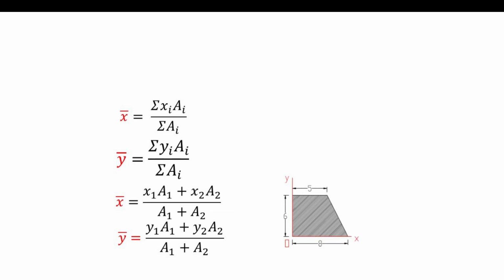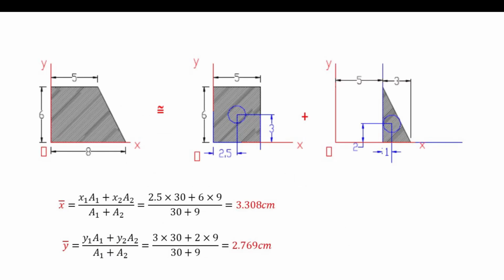Now we need to put the composite figure into an xy coordinate system. Earlier we got the area of the rectangle A1 as 30 centimeter square and the area of the triangle A2 as 9 centimeter square. Let us find the x and y coordinates of the centroids of both the areas with reference to the reference axis system that we have selected now.